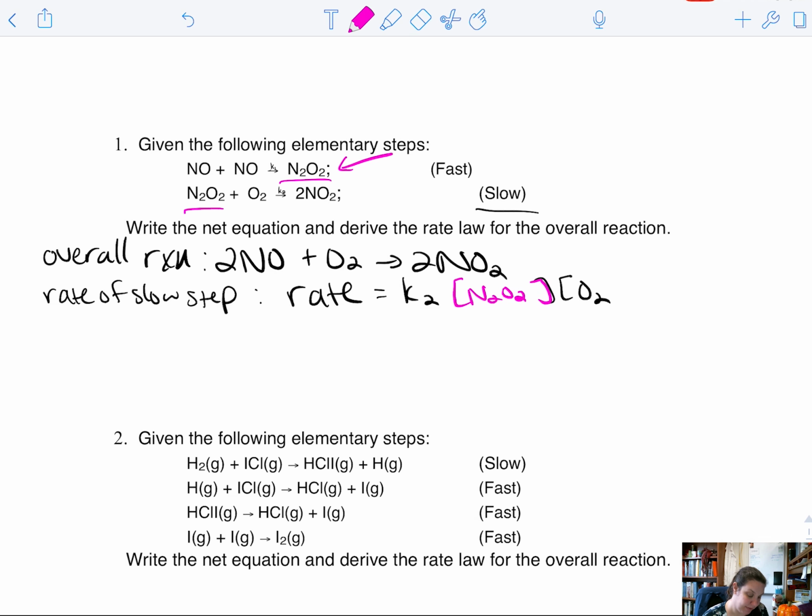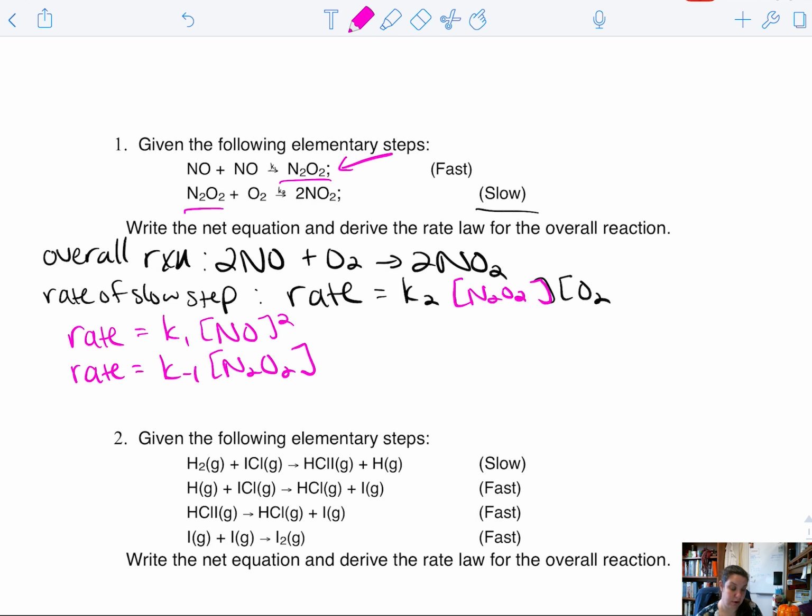So we have the rate of our forward reaction for that, K1 NO squared, and then the reverse, K minus 1 N2O2.